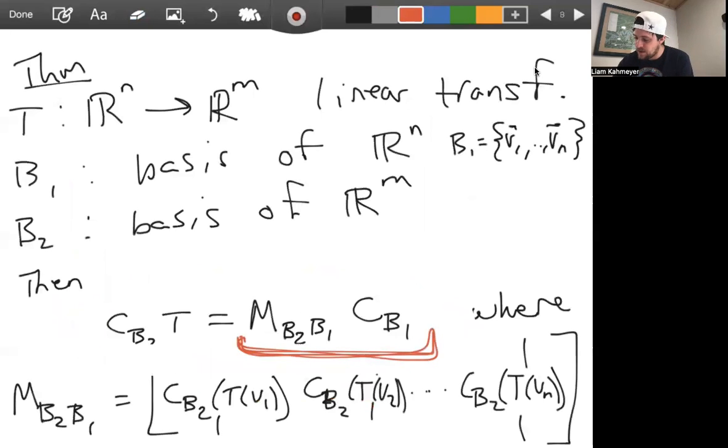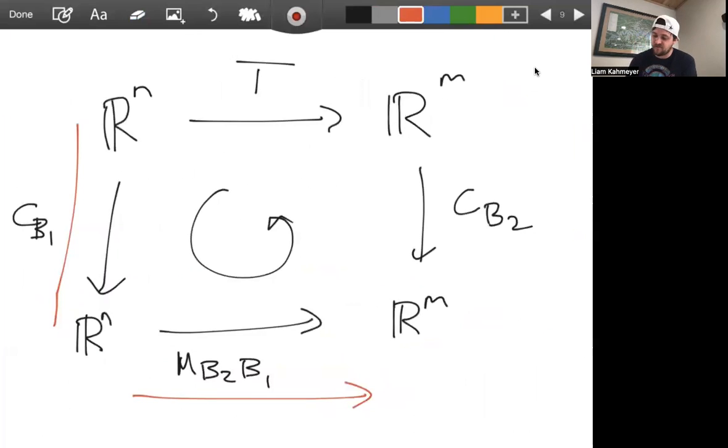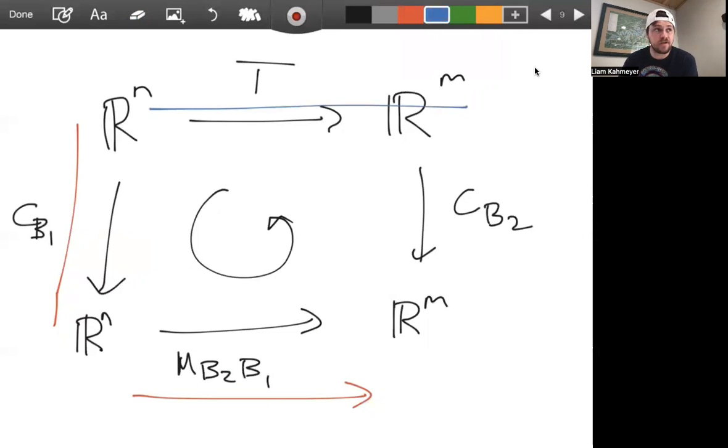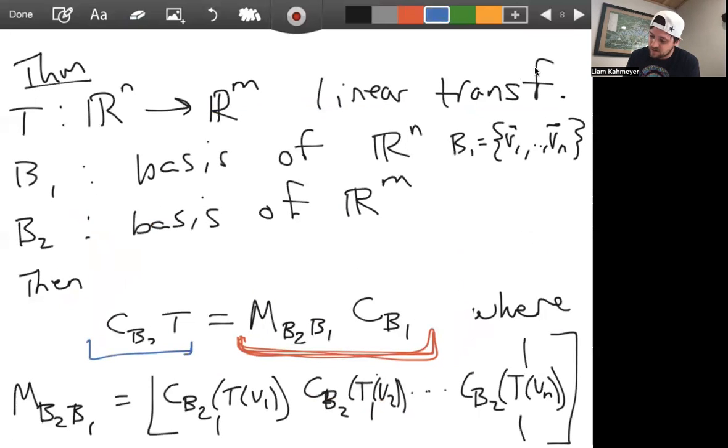That is the same as going first T from Rn to Rm, and then CB2 from Rm to itself. And that's exactly the left-hand side of this equation here. And this is called a commutative diagram. We get this commutative diagram here of linear transformations.